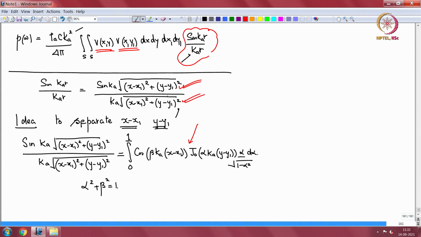But you can see if I replace this with this, x minus x1 and y minus y1 become separate and outside of the square root. Okay, so that's a great advantage. So now what we do is we use this new relation.